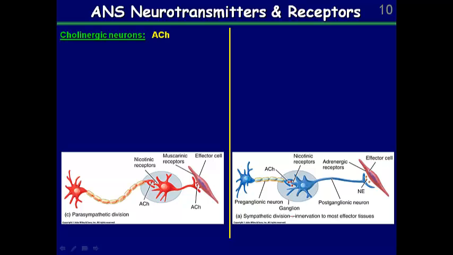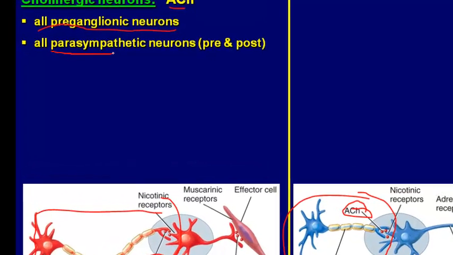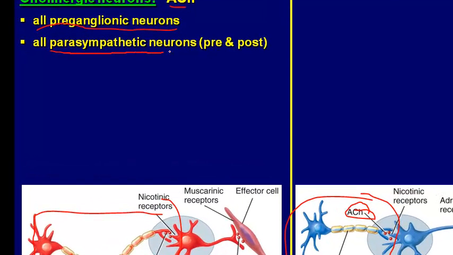So again, kind of a review. Cholinergic neurons release acetylcholine. All preganglionic neurons release acetylcholine. If you look back on the previous slide or just look down here, here's a preganglionic neuron. Here's a preganglionic neuron. They're both releasing acetylcholine, so they're cholinergic.